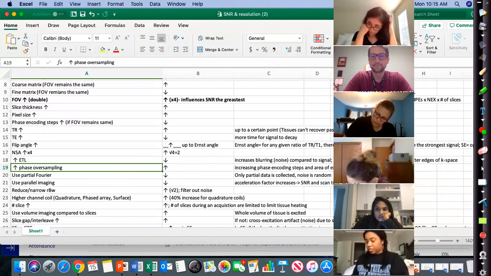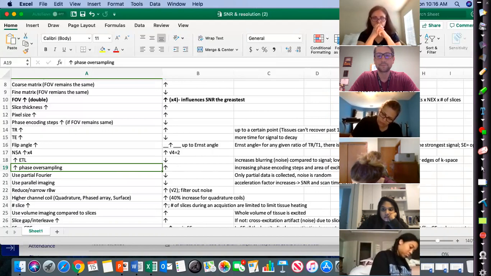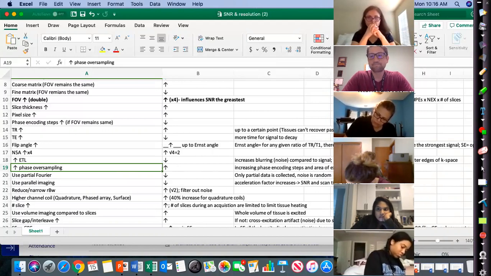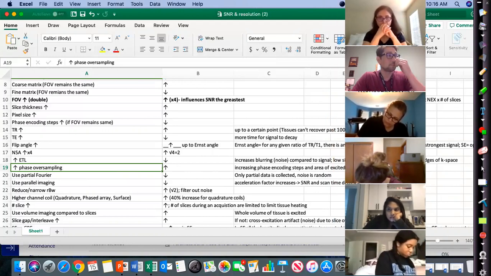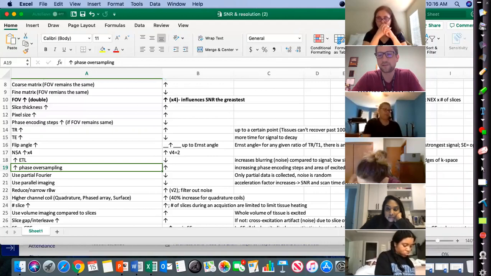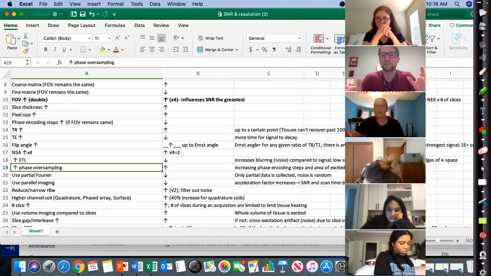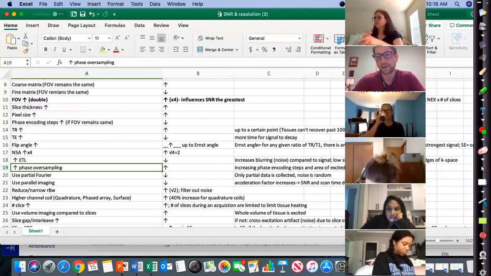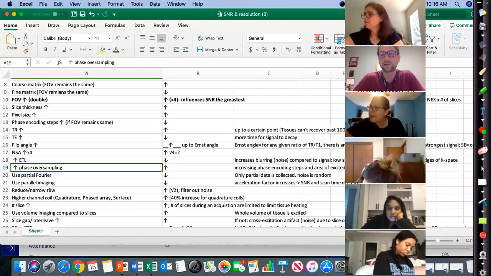Because I thought it helps with aliasing, I thought it would then take out noise. No. That was my automatic thought, because then there's not stuff competing. But the stuff competing is just signal from the tissue, so that's not technically noise. It's just that signal from the tissue is getting mismapped into the wrong place. So it's not noise per se, it's just an artifact. Artifacts aren't really noise.